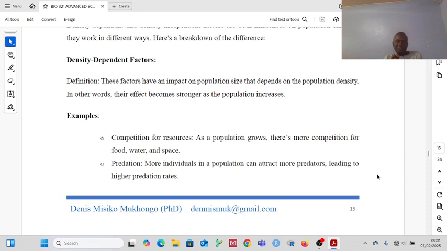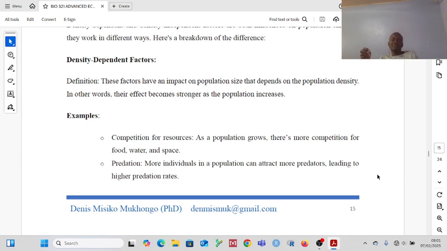So an example of a density dependent factor is competition for resources. As you increase the number of organisms in a particular ecosystem, the competition also increases because the resources will just be the same within that environment.